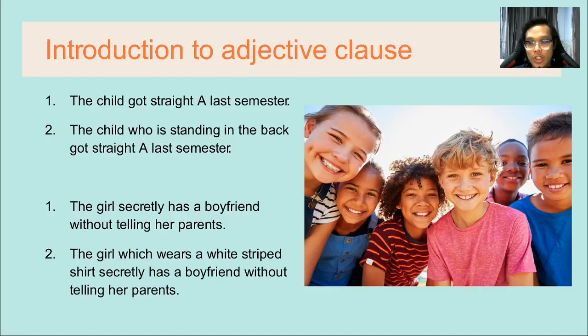So which child stands in the back? Is she standing in the back? No, right? Is he? No. So this person who stands in the back got straight A last semester.